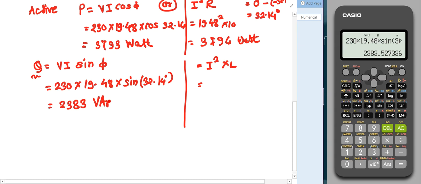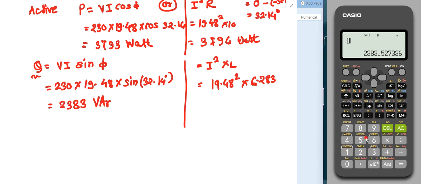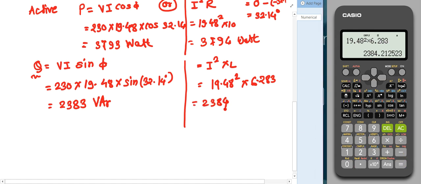You can calculate using another formula, 19.48 square into XL value 6.283. Press the button of equal to, you are getting approximately the same value, with 1 or 2 VAR difference. So this is valid. 5% to 10% answer deviation is allowed.